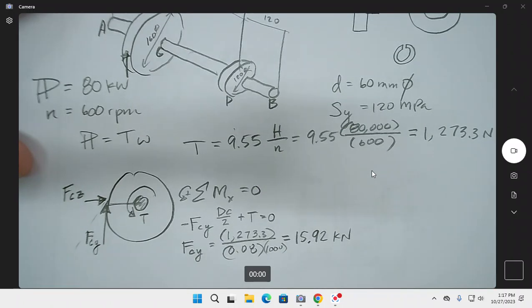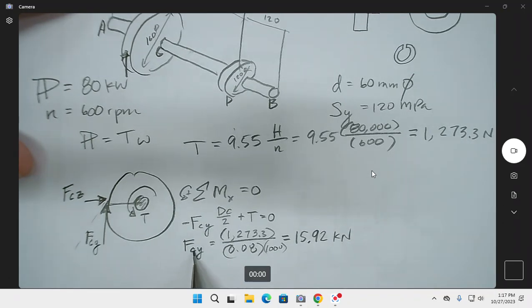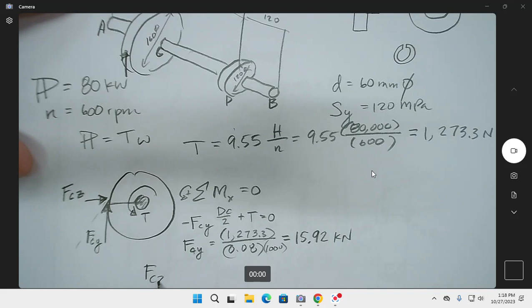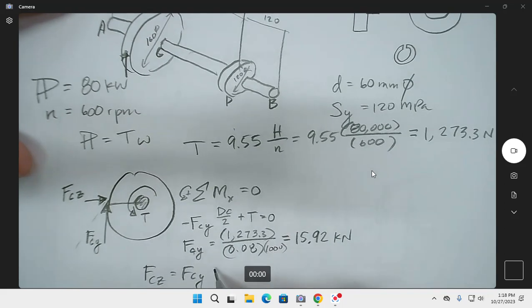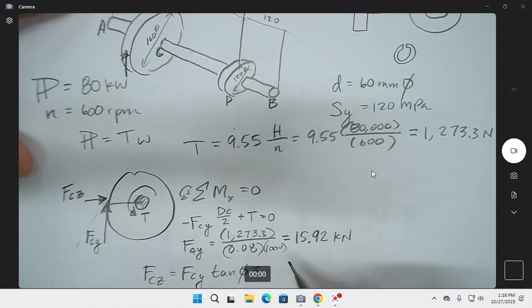And now we have this, if we know the pressure angle, I always have to think about this, right? We're going to rise over run, so we can multiply by the tangent. So FCZ is equal to FCY times the tangent of the pressure angle, which is often that symbol.